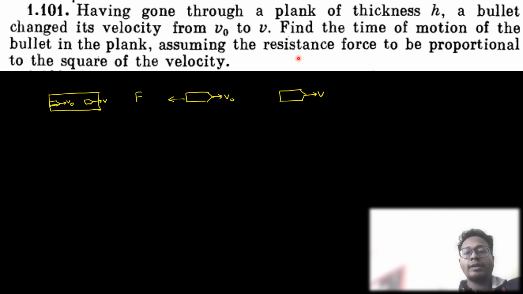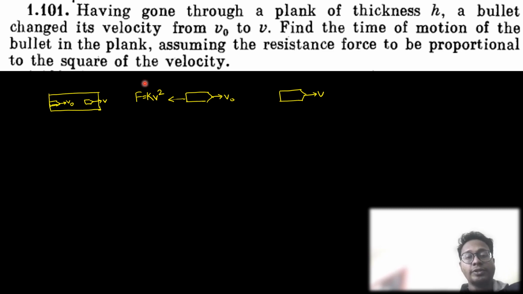Now it is given that the resistance force, or the friction force by the plank on the bullet, is proportional to the square of velocity. That means force is proportional to the square of velocity, so force is equal to some constant times velocity squared. Fair and fine.